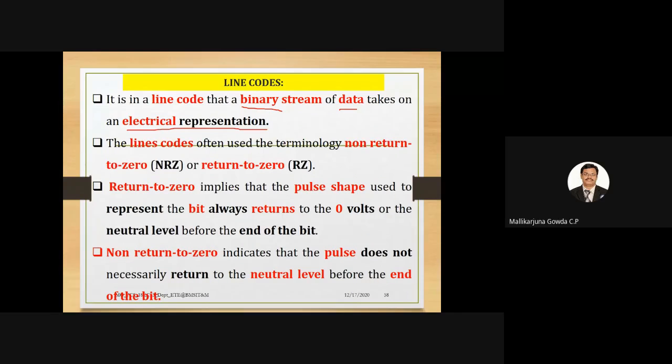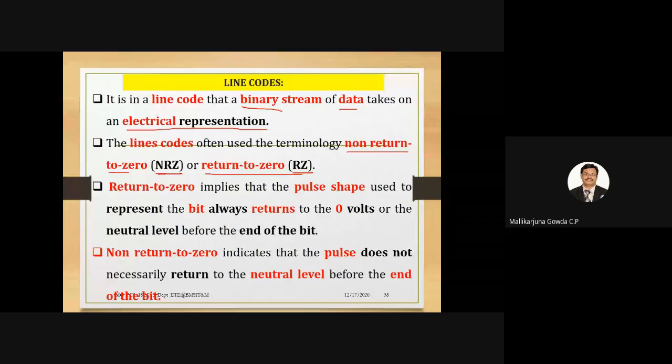In line codes, we have two things. One is non-return to zero, NRZ, and another is return to zero, RZ. The line code is basically used to represent the binary stream of data by an electrical pulse.